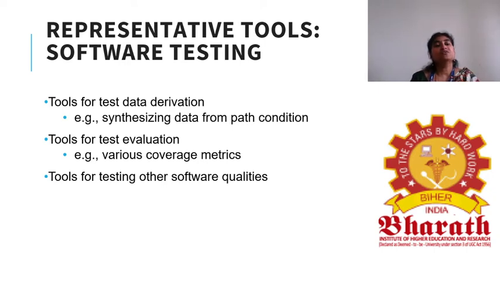Then we have tools for testing other software qualities. Testing is done to test the quality of the software in all aspects. It is used to test the reliability of the software, the usability of the software, and many other parameters that define software quality. So the tools are available for testing other software qualities also.